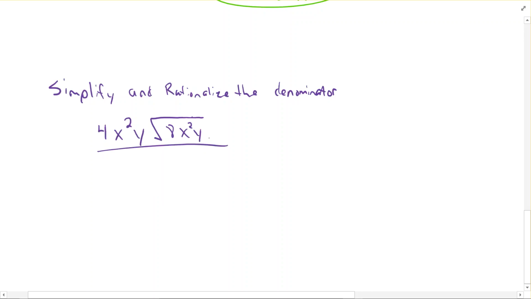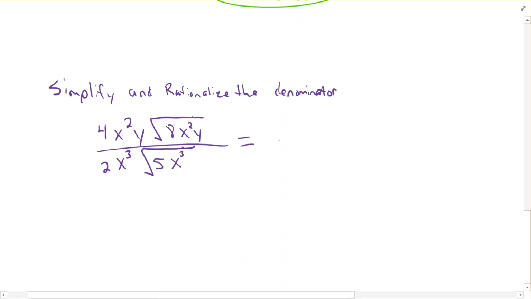Okay, and that's all over 2x cubed, and then we'll do square root of 5x cubed. Something like that. All right, so first thing we're going to do, we're going to simplify the top again.